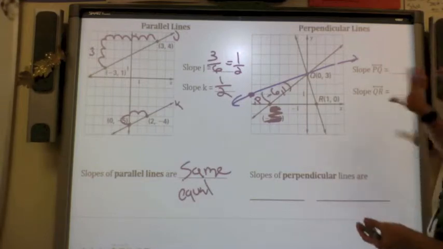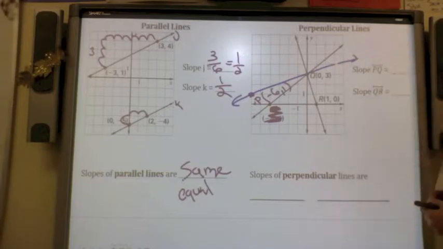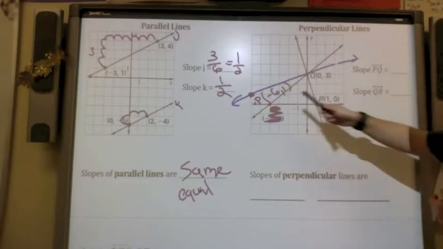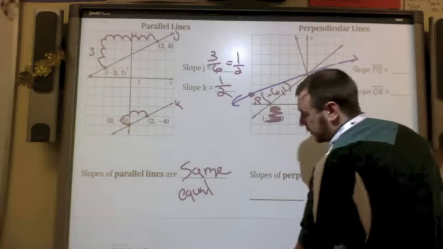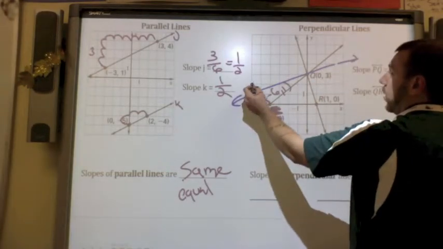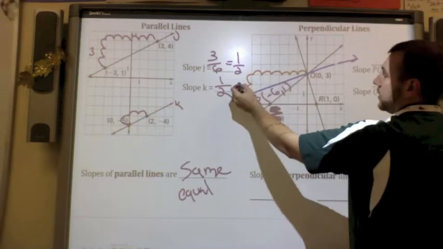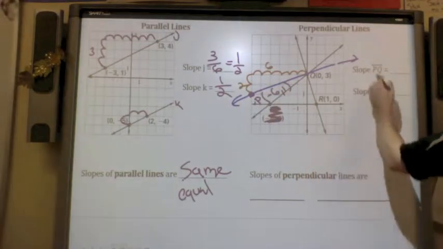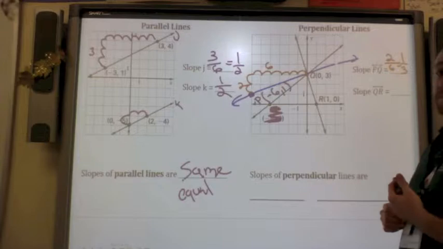So what I wanted to do was show you the slopes of both of these. So from our new P, our negative 6, 1, to Q, I'm just going to count, 1, 2, 3, 4, 5, 6. So up 2 over 6. So this is up 2 over 6, grand total of 1/3.